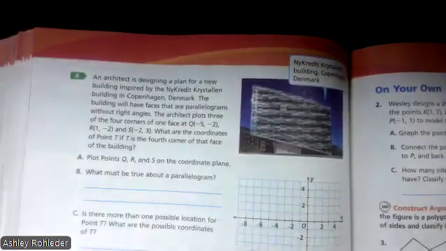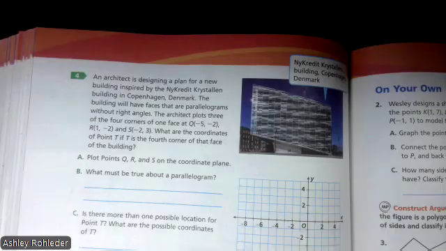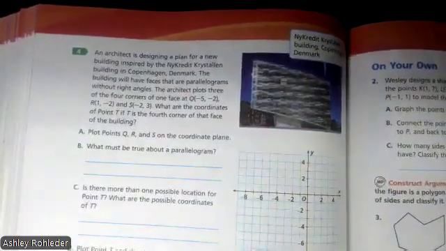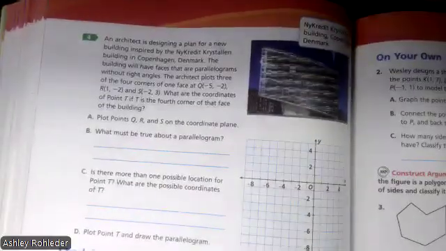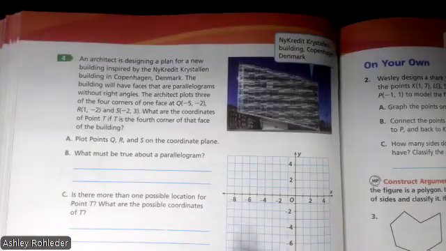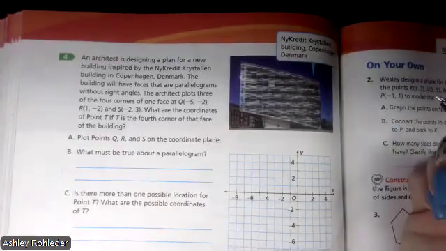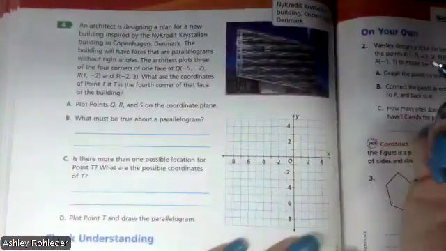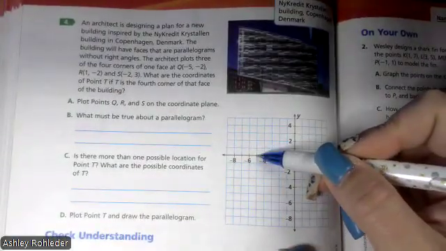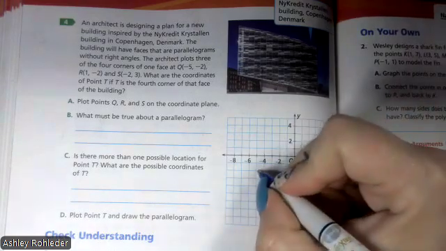The architect plots 3 of the 4 corners of one face. What are the coordinates of point T if T is the 4th corner? All right. Point Q, -5, -2. What do I do? Left 5, down 2.